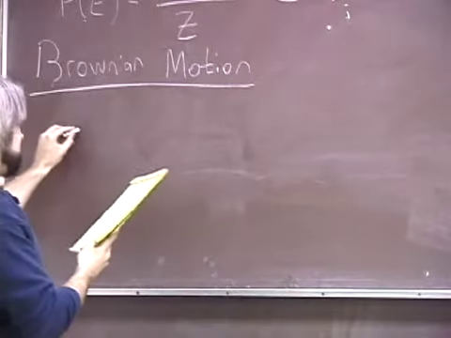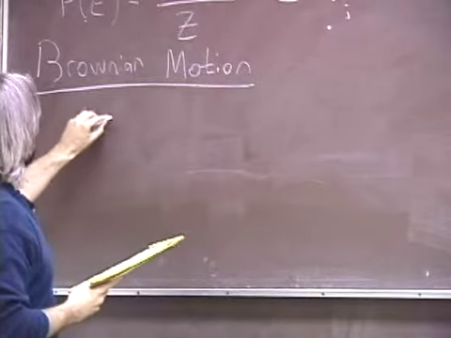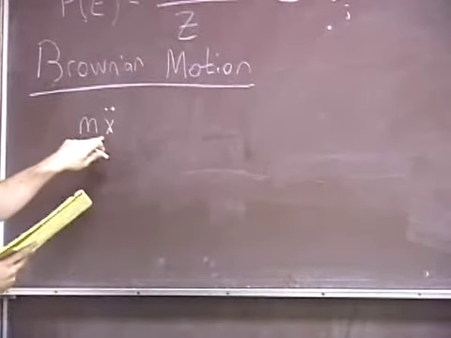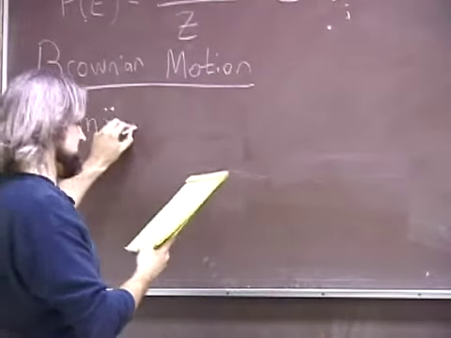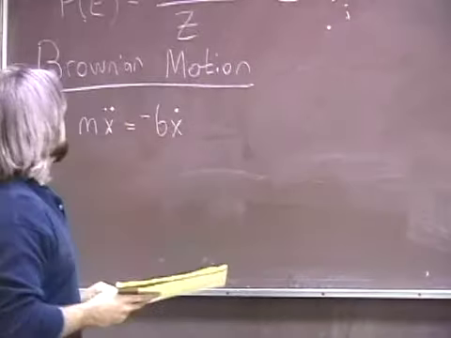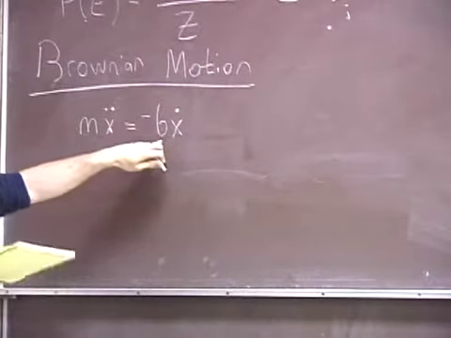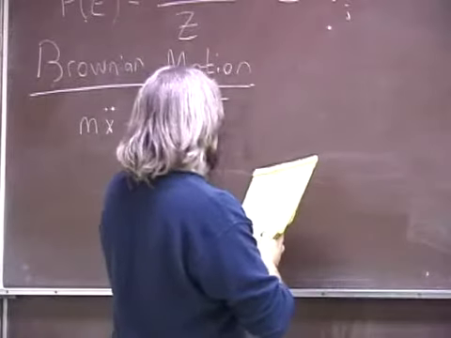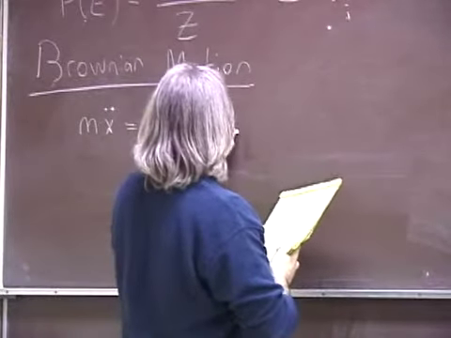You simply ask, what is the equation of motion for this dust grain in the system? Well, it's got its inertial term, the mass times the acceleration, is equal to some velocity-dependent friction, to which you add some fluctuating force.